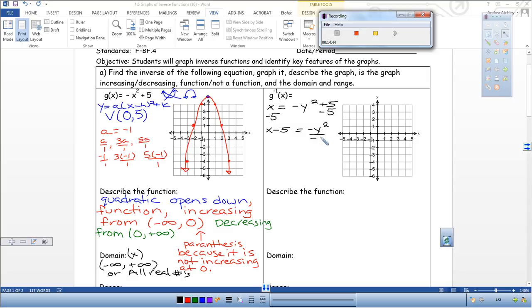Then I'm going to divide by negative 1, and I get negative x plus 5 equals y squared. Now I can square root both sides, and I get y equals plus or minus the square root of negative x plus 5.